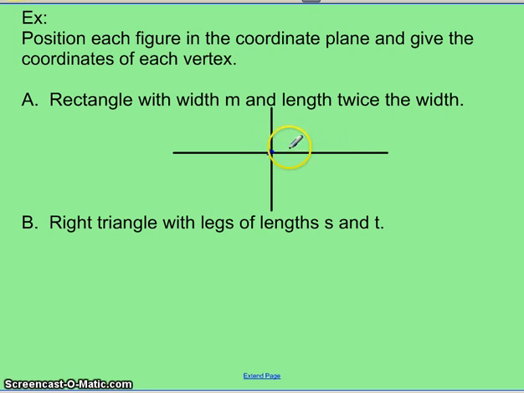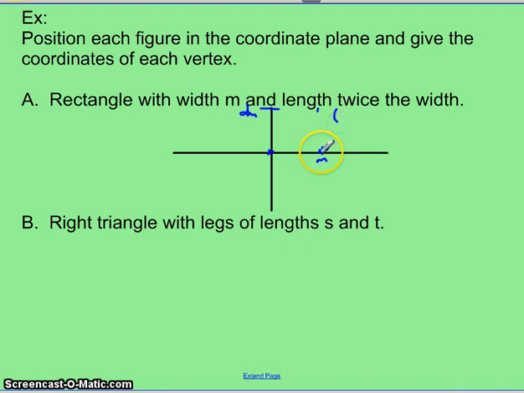If I mark the width, it says it is m, so I'm going to come over here and mark this m for this coordinate right here. And if that's m, I would go 2 m's to get up here. The top point would be this point, where I go m over and 2m up.